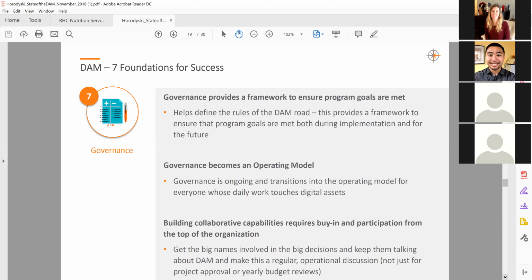And governance is just that framework to ensure that program goals are being met. What are the rules of the DAM? How do we know that things are happening? How do changes get made? How do people provide feedback to the digital asset management system? You need that governance model to be able to provide you with those things.